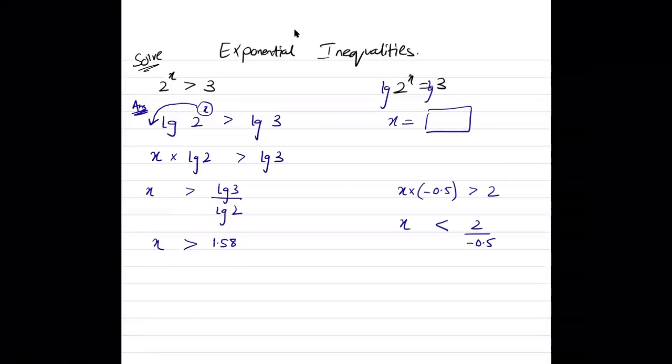That is one of the rules of inequality. So I'm going to say x is less than minus 4. So over here, if log of that number were to be a negative number, then the sign of the inequality is going to flip.